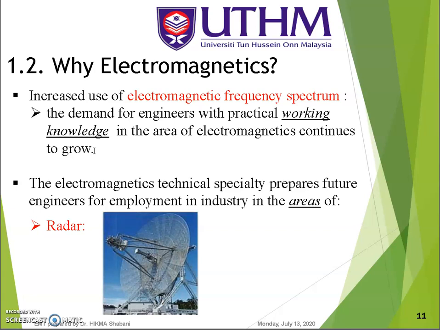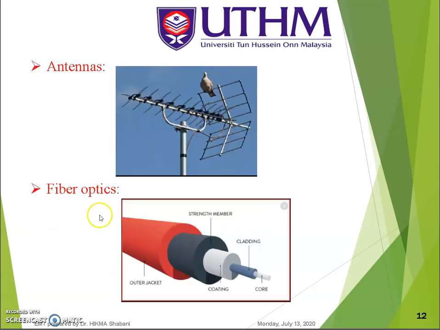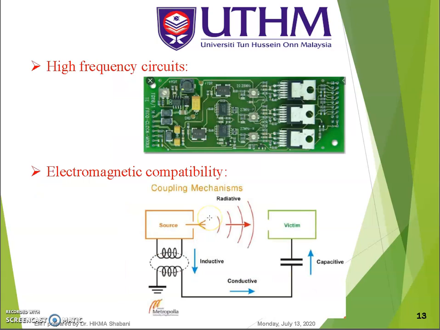So the second reason is that the electromagnetics technical specialty prepares future engineers for employment in industry, in areas such as radar, antennas, and fiber optics. All of this requires knowledge in the area of electromagnetics.